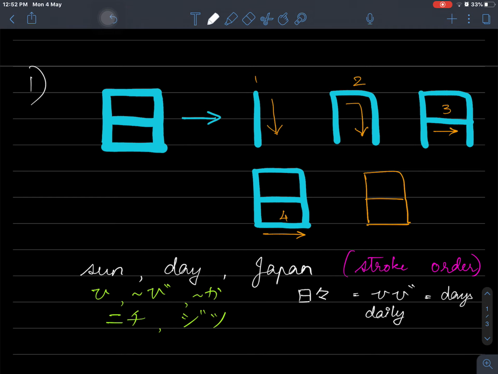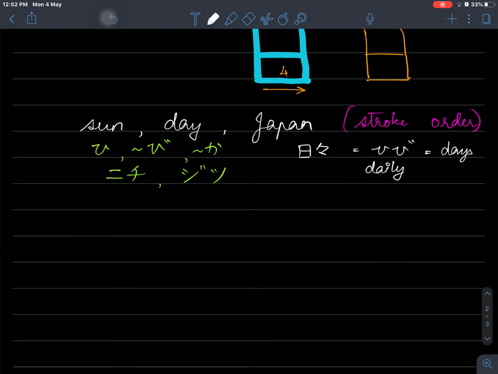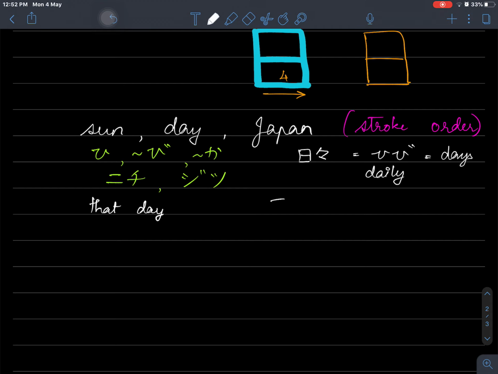Let's look at another word. If you want to say that day, referring to a previous day or a particular kind of day, the day when something happens or something like that, you can say, hold on, that's not very good, let me rewrite that. You can say aruhi, or here actually it should be the kanji of it, my mistake.